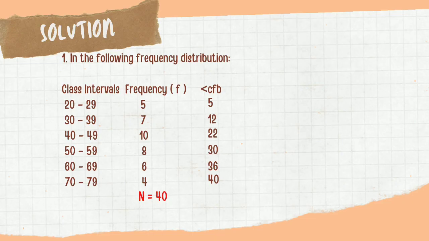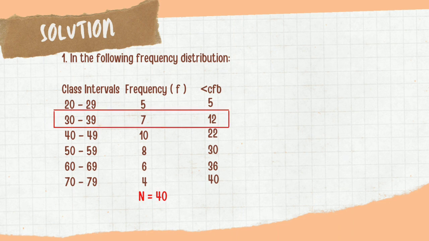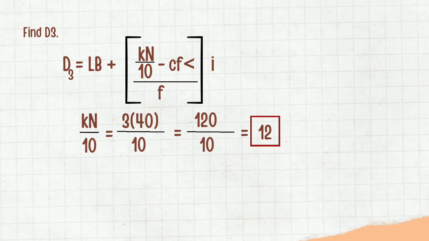So we've got to find where in the table it belongs. Here it is 1 to 5, then here it is 6 to 12. So this is where D3 belongs. After that, we can simply find the missing elements.